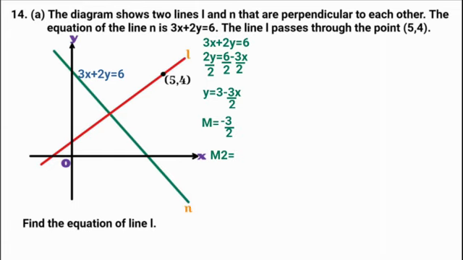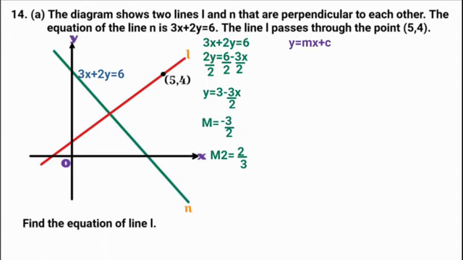We write the inverse of that, which is 2 over 3. So the gradient for the red line is 2 over 3. Once we've found the gradient, we're going to use this formula for the equation of the given line.